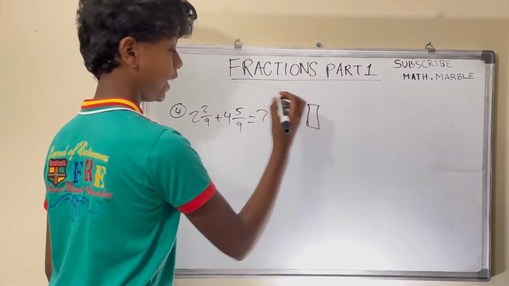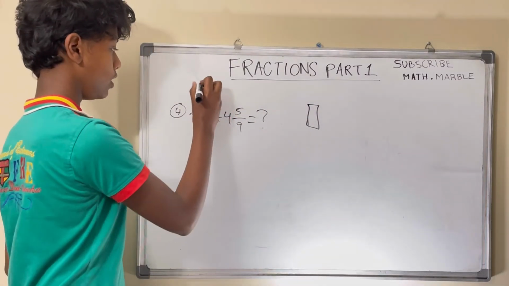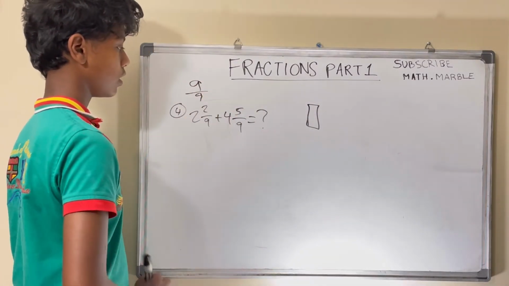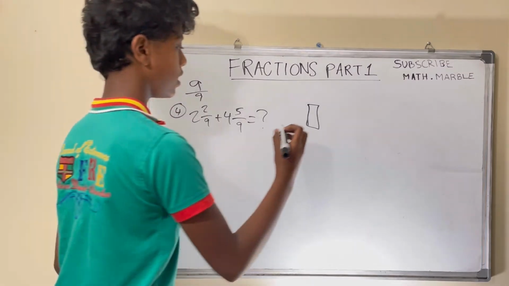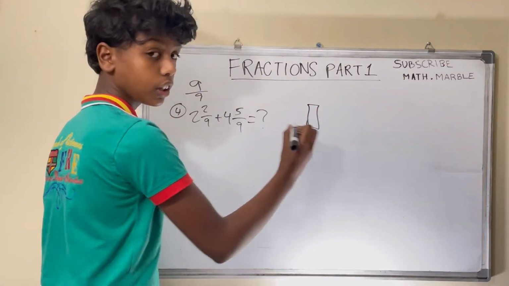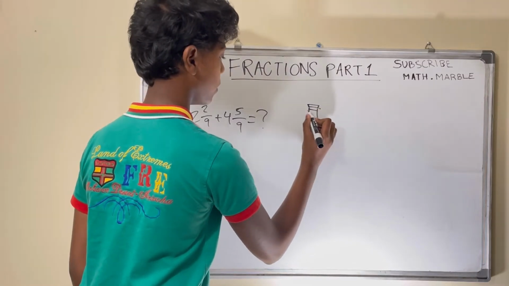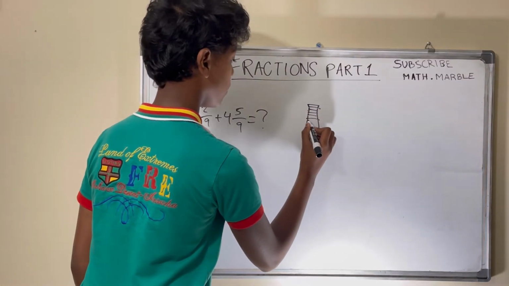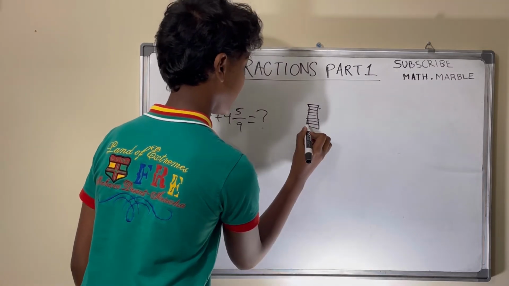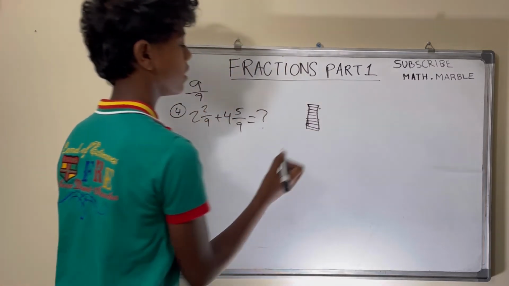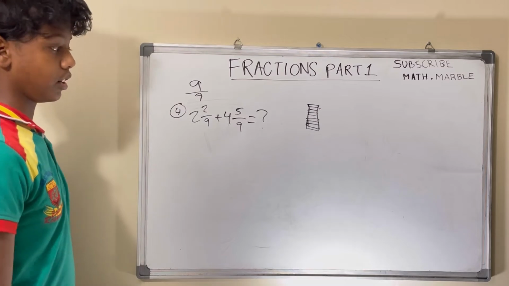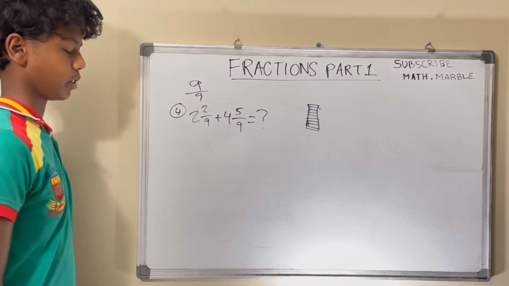So that means each chocolate bar is worth 9 over 9. So let's keep that in mind. That means each chocolate bar is divided into 9 pieces. So 1, 2, 3, 4, 5, 6, 7, 8, and 9. That's a whole chocolate bar. 9 pieces, a 9-piece chocolate bar.